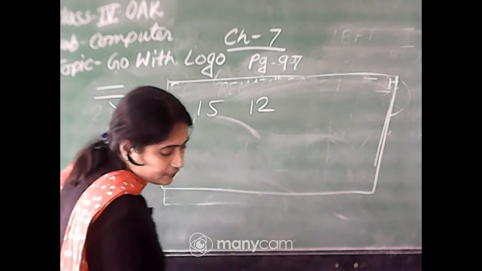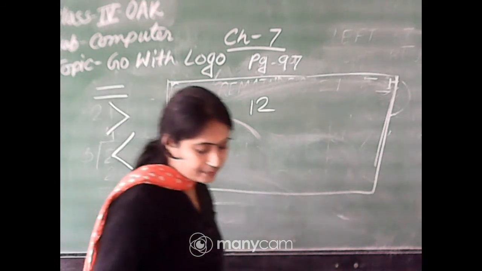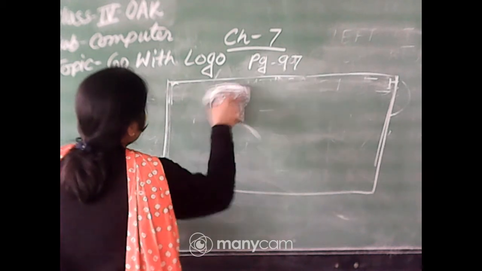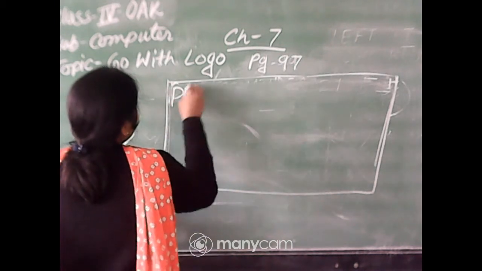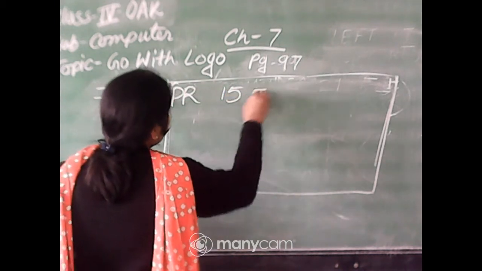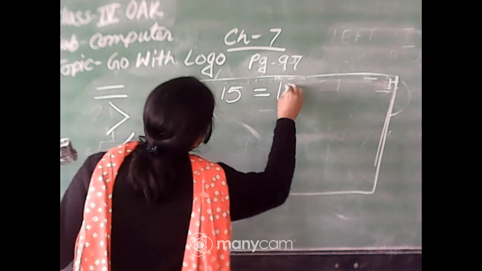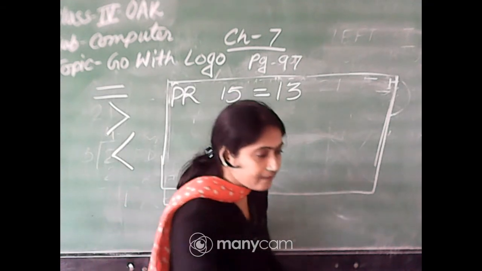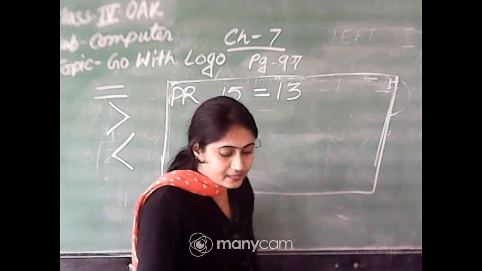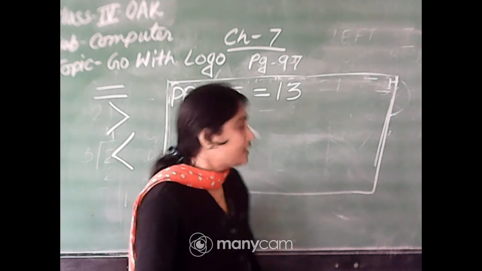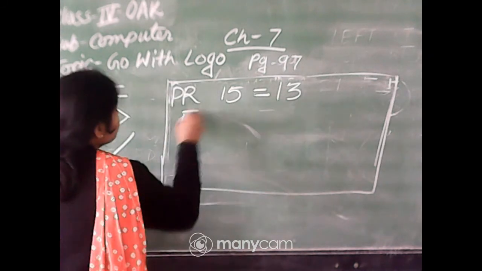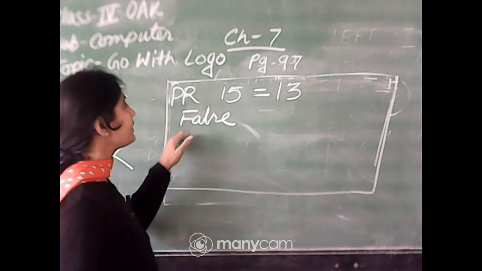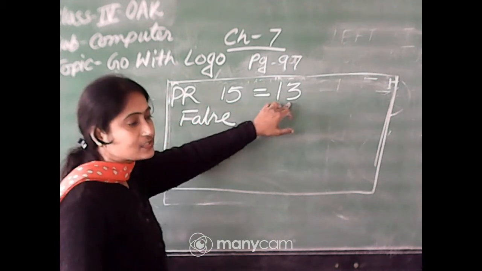Now, if you want to apply this command, print, PR 15 equal to 13. If you write this over here, then one message will show false. We can see the output false because 15 is not equal to 13.